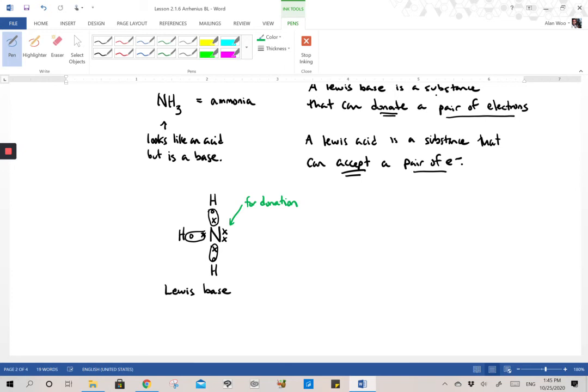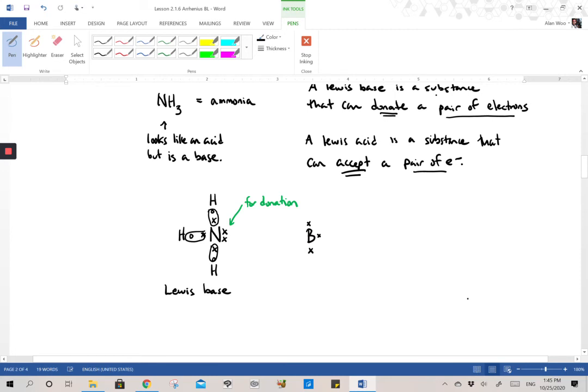So to find a Lewis acid, you're very limited in terms of how many Lewis acids there are. Here we're going to look at boron bonded to 3 fluorines.